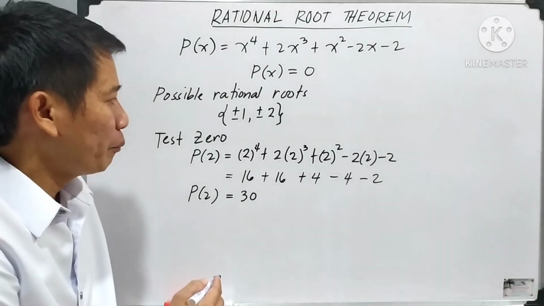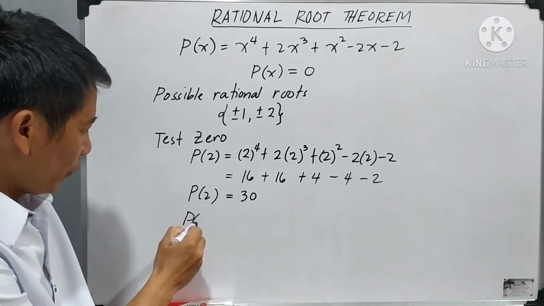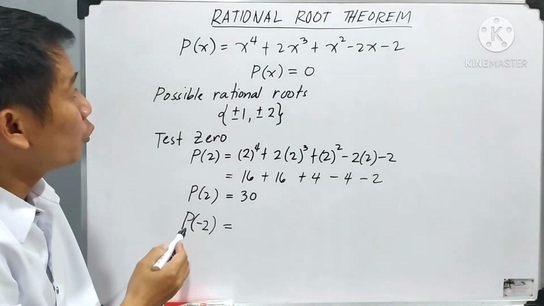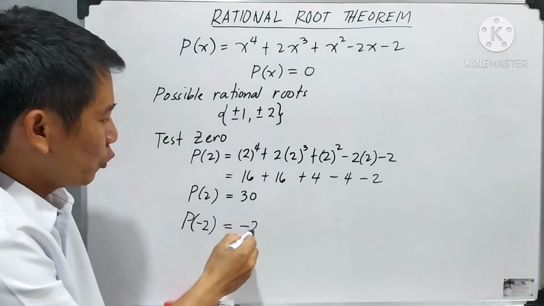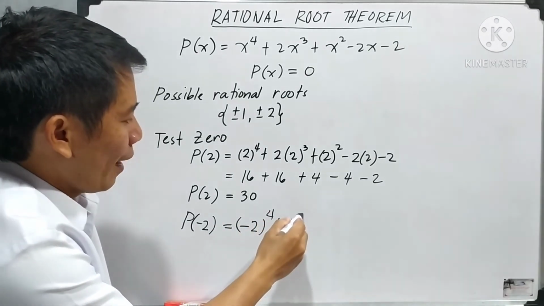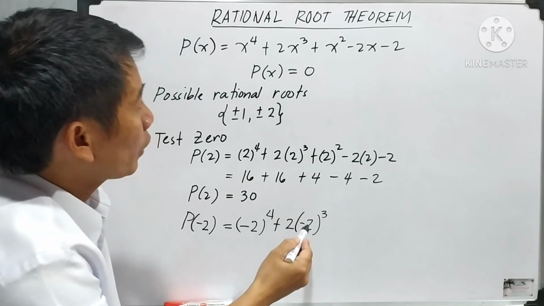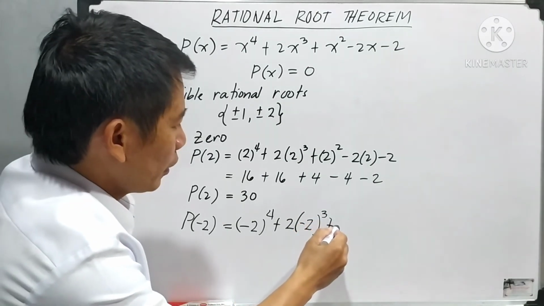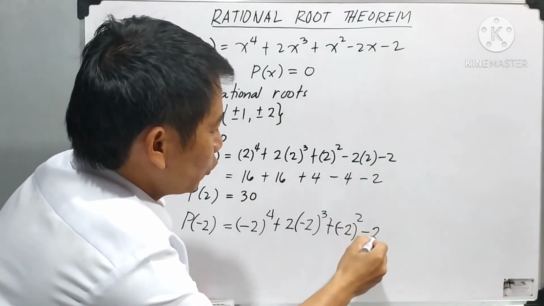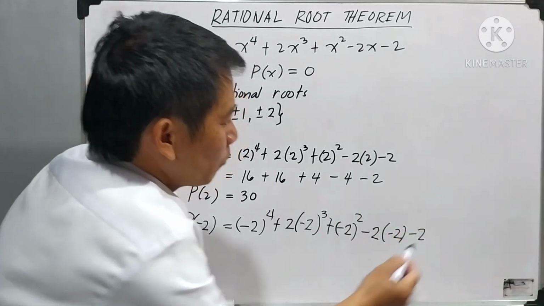How about p of negative 2? Okay, let's compute p of negative 2. So our x here is now negative 2. So we have negative 2 raised to 4, plus 2 times negative 2 cubed, plus negative 2 squared, minus 2 times negative 2, then we have minus 2.